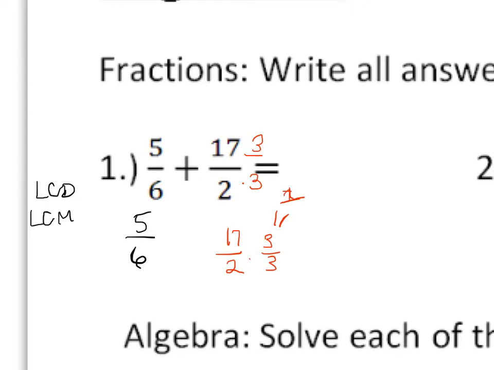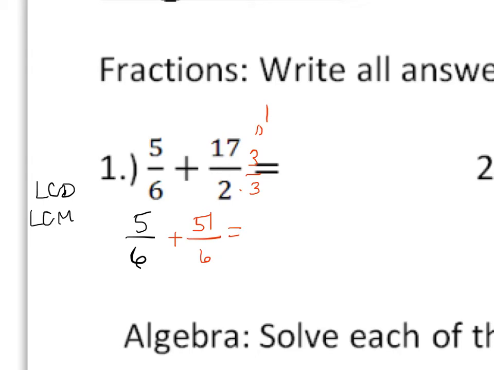So what we get when we do that, let me erase some of this, and I'm sorry if it's a little ugly here, first time using this app. What we would end up getting is, if we multiplied it by the fraction 3/3, which has a value of 1, so I'm not changing how much 17 halves is, 17 times 3, and let me get my calculator here, which is 51, and 2 times 3, which is 6.